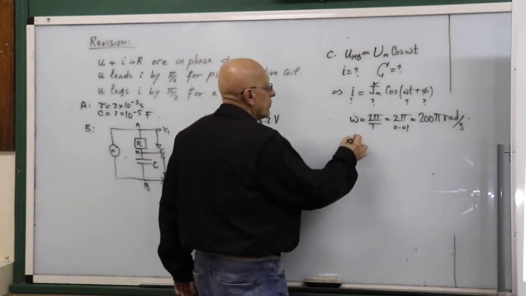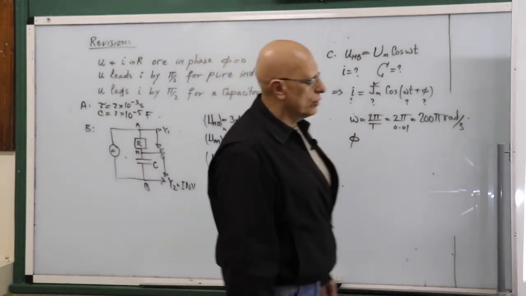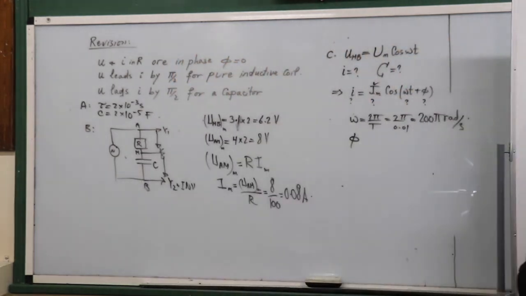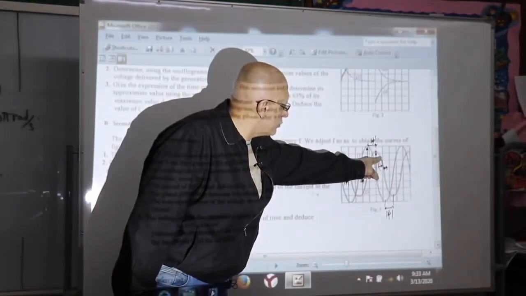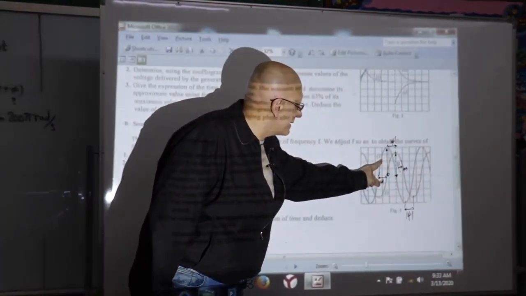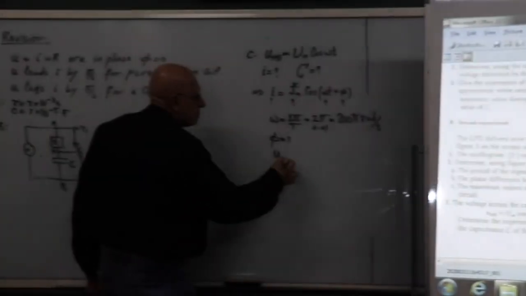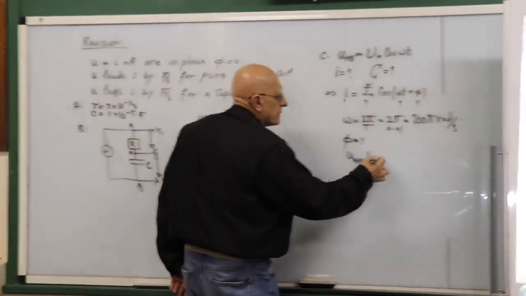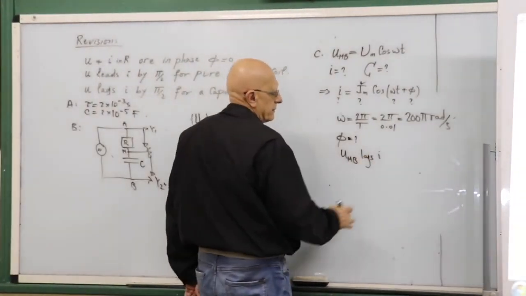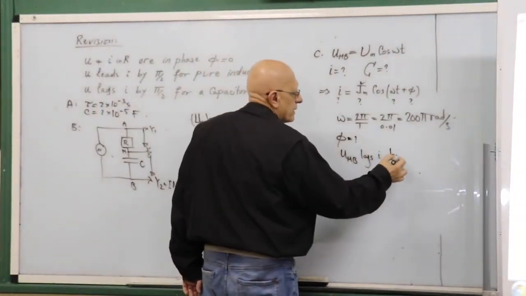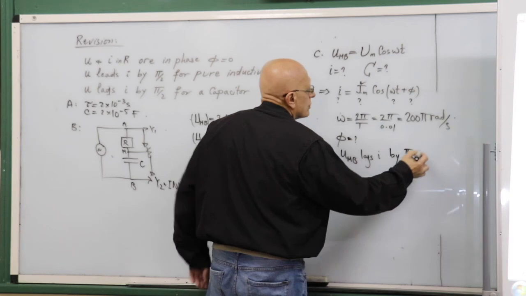Phi, what about phi? If you look at the graphs, we said that voltage UMB lags I by pi over 2.